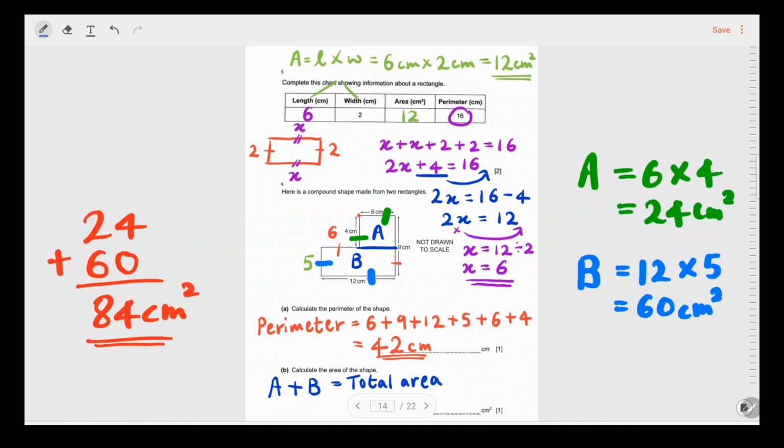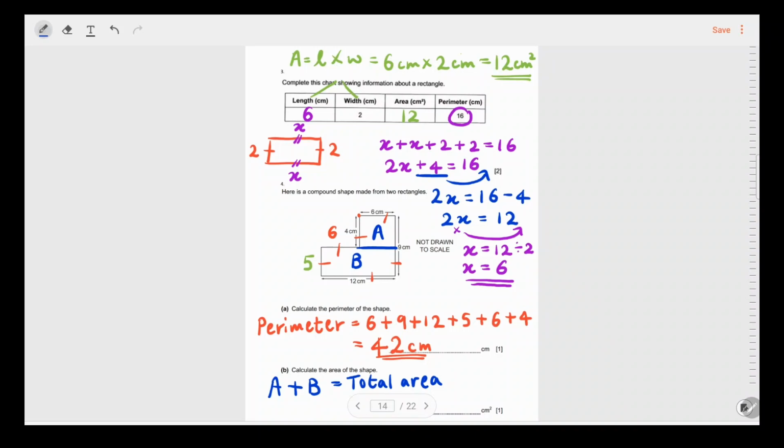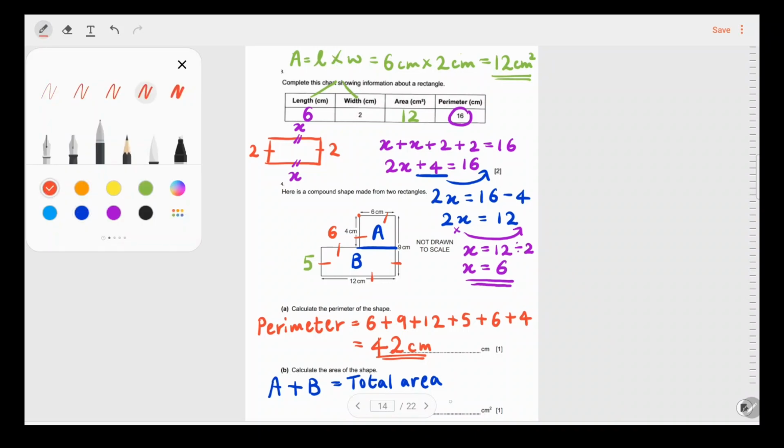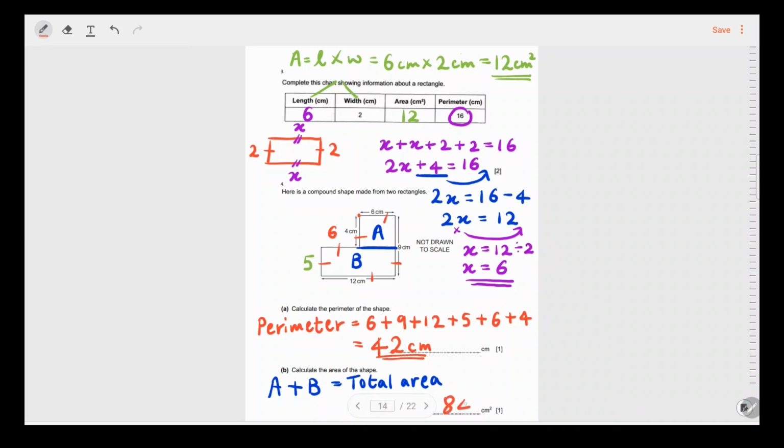So this is how I find the answer, and I will now go ahead and write the answer, which is 84 centimeters square. So this was 24 plus 60, which resulted in 84 centimeters square.